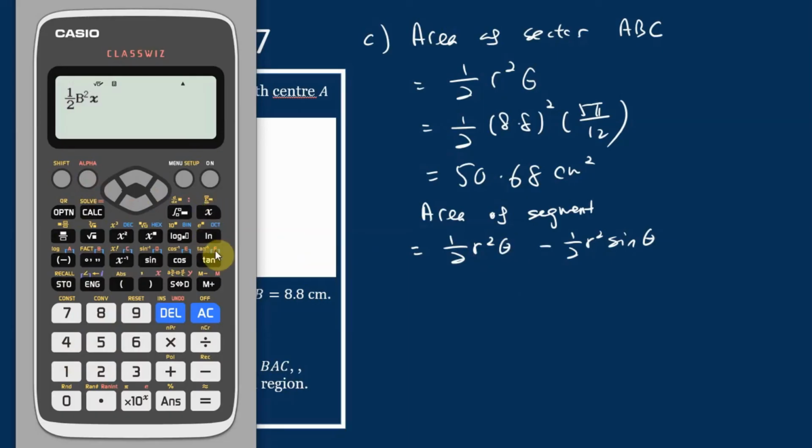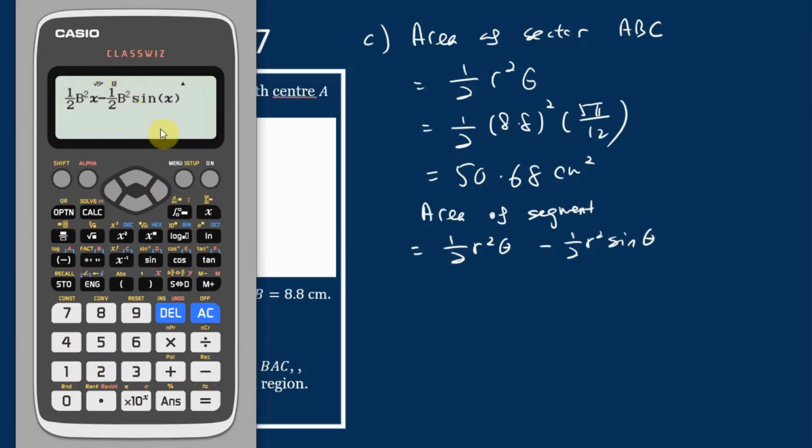You can use any letter listed here, A, B, C, D, E, F, and X, Y. So I choose X. And then minus 1 over 2, B squared, sine of theta, where theta is X.